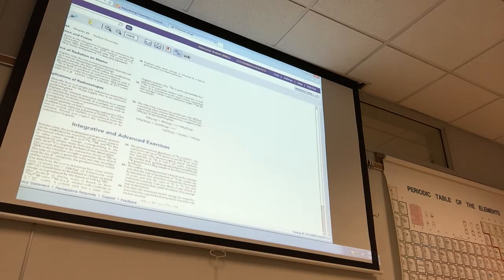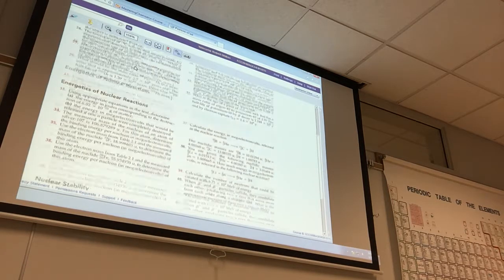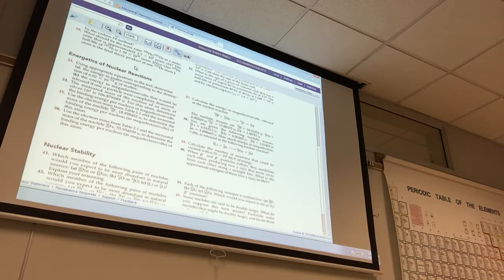All right, we could give an example of this. I just need the masses of these isotopes. Should have been here. So I've got to get the actual masses of the isotopes.